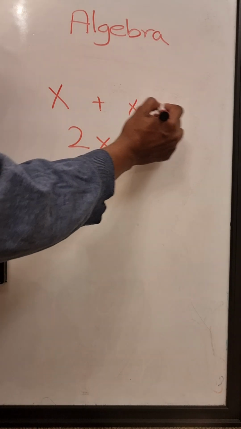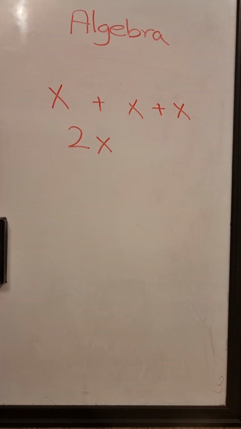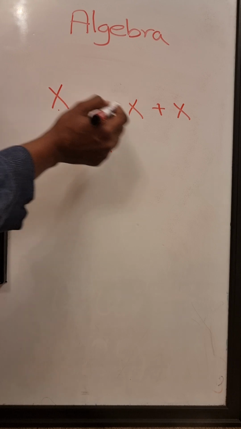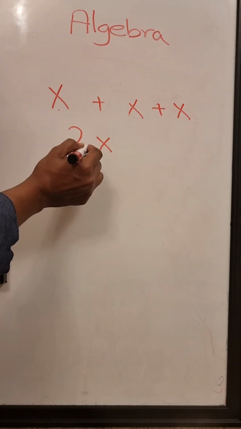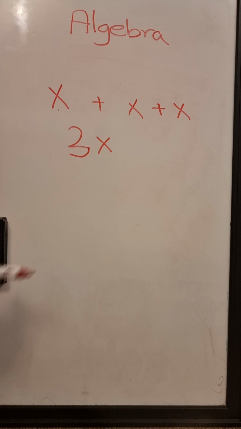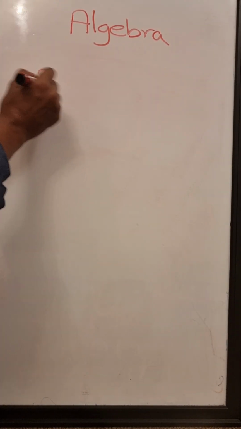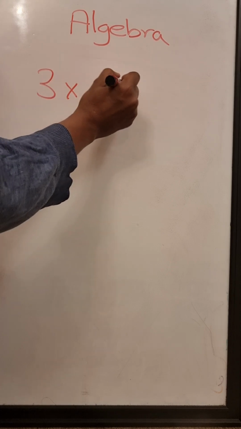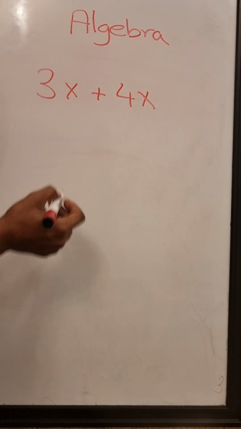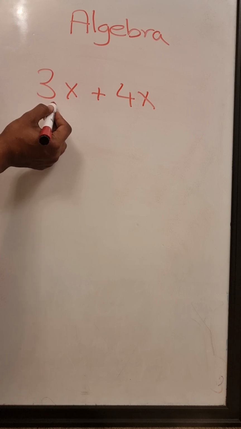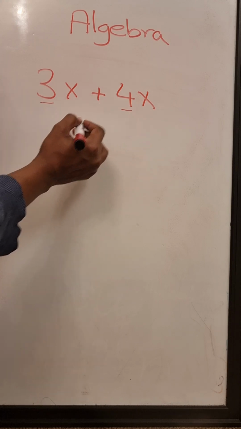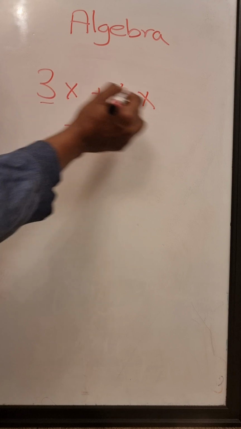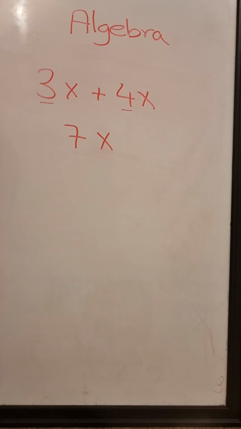If I'm having another x in my problem, I'm having 1 plus 1 plus 1, that means 3x. If I have 3x plus 4x, I just add the numbers: 3 plus 4, which is 7, multiplied by x, 7x.